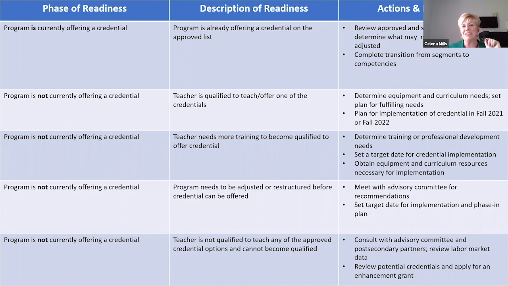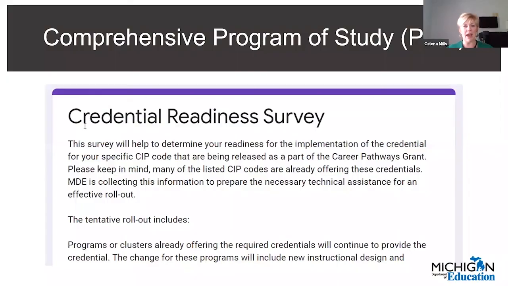So to assess where everyone is at and to figure out on both a state and a local level how we can help you, we're sending out after this workshop a credential readiness survey. What that will do is ask you as a teacher where you're at in the process and what you need.